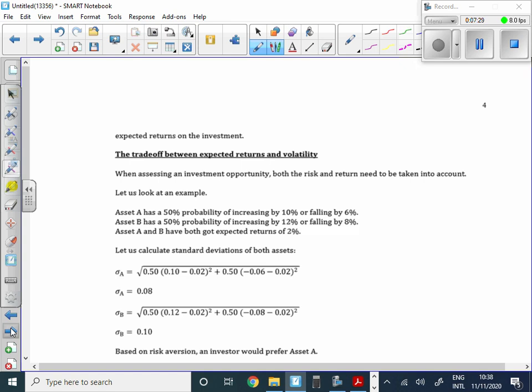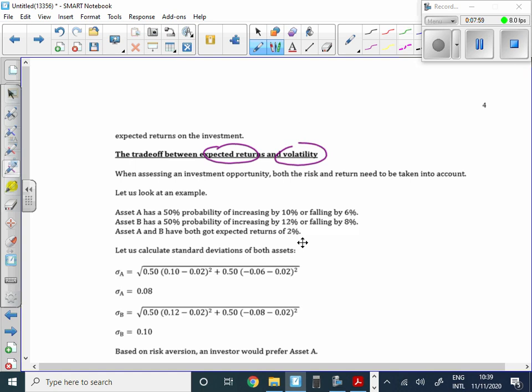We move over the page over here, and one of the keys behind mean variance optimization is the trade-off between returns and volatility. I just want to show you, as we start off over here, very important just to remember, the basic calculations. Let's start right from the beginning and get some nice calculations under our belts.